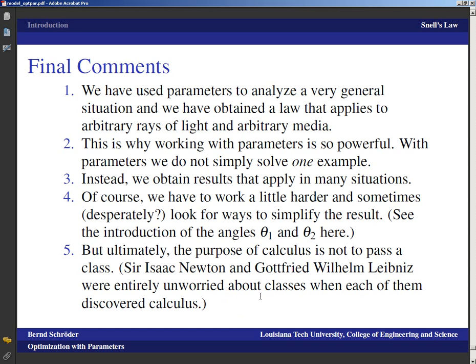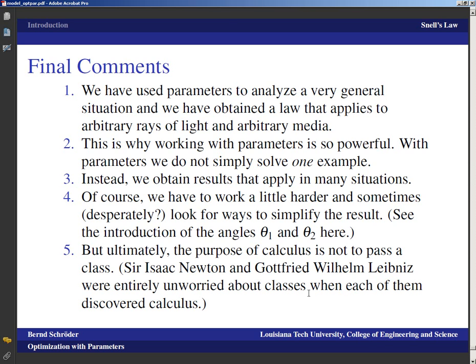Newton at that point in time was worried about the plague that was in London, because he was pretty much evacuating himself to his childhood home and was doing physics there as the plague was ravaging London and everybody just tried to not get infected. Leibniz was someone who pretty much did mathematics for a living, and he did these kinds of things to keep himself employed. So they were not unworried about things that we would consider real life, or something like the equivalent of passing classes.